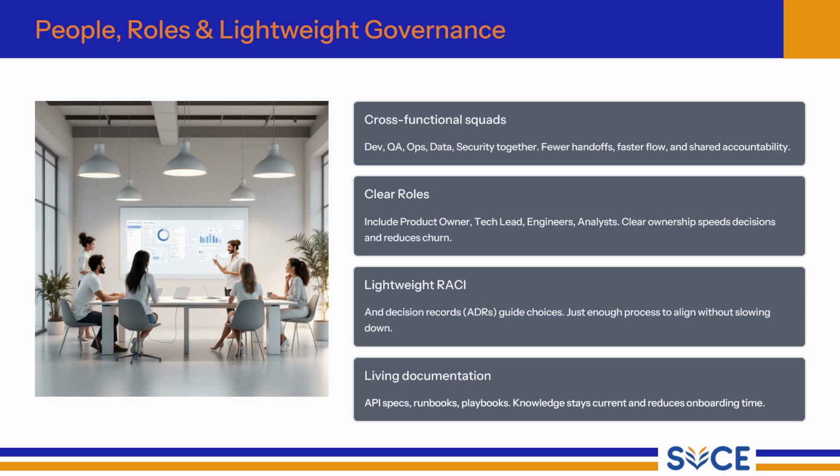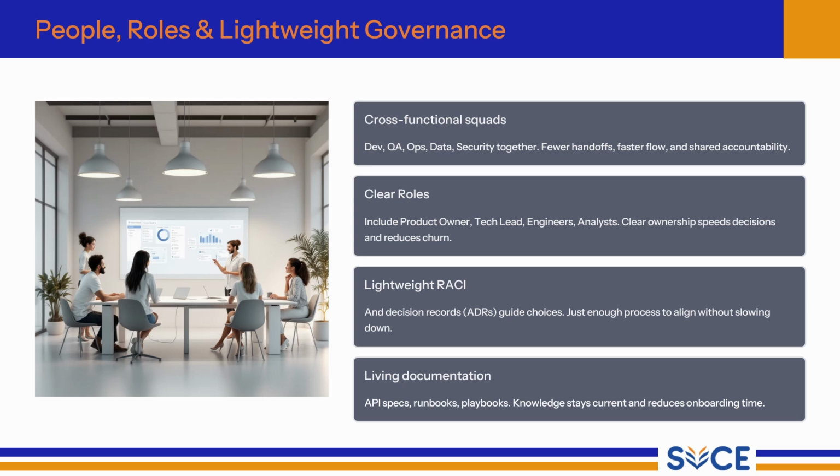The lightweight RACI and decision records guide choices, just enough process to align without slowing down. Lightweight RACI is about balance, enough structure to guide decisions, but not so much that it slows progress. Guide, but don't burden the team.